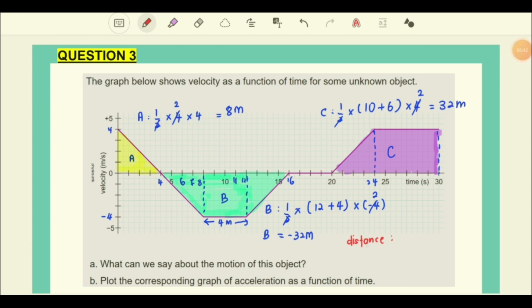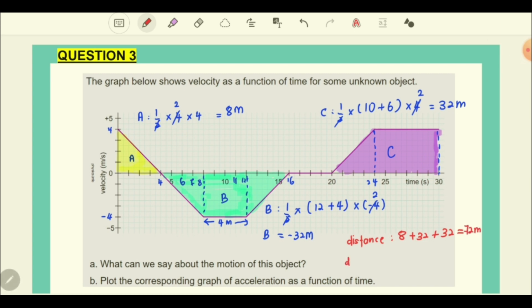So we need to calculate the whole distance of the object. So it should be 8 plus 32 plus 32. So the answer should be 72.